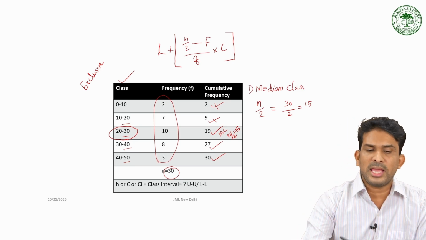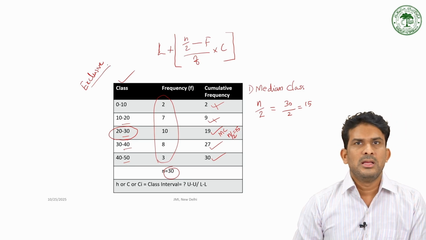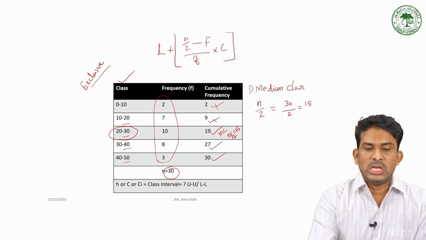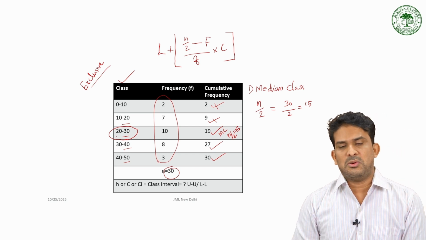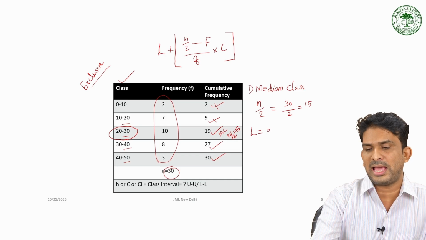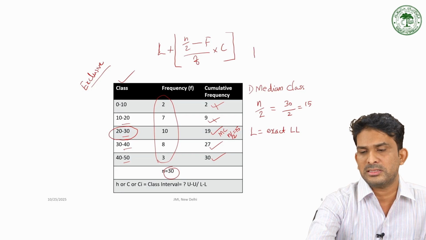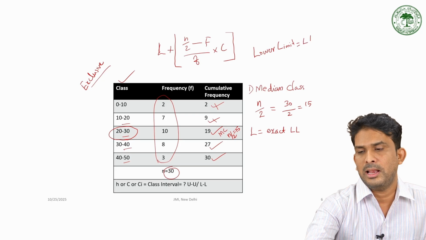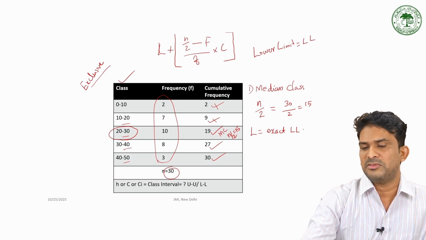So in the exclusive distribution, the lower limit will be the exact lower limit. What is L? L is the exact lower limit of the median class. I have just mentioned lower limit as LL.